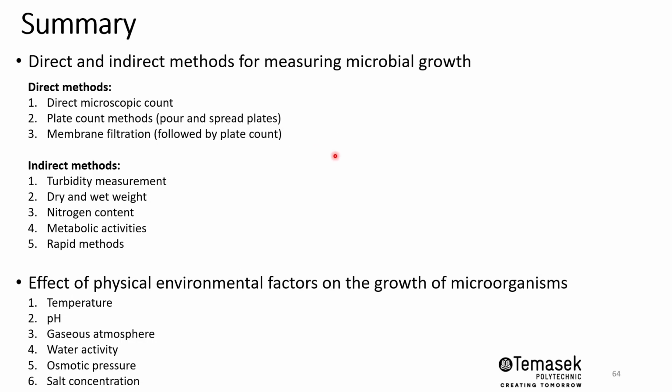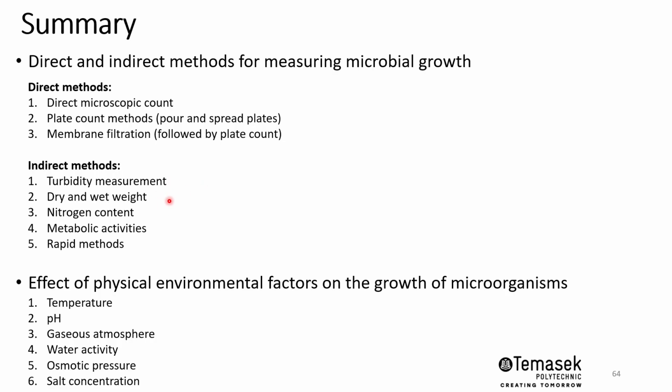In contrast to direct methods, which measure the cell number directly, you have indirect methods that can measure microbial growth. These include turbidity measurement, typically using optical density at 600 nanometers with a spectrophotometer. You can also determine the dry and wet weight of certain filamentous microorganisms.